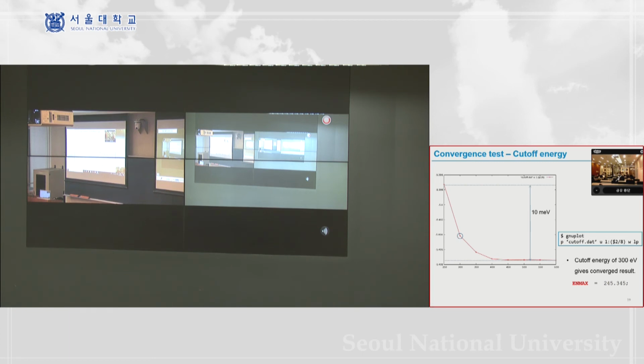So we can use 300 electron volt as a cutoff energy. We don't need to use 600 electron volt, but we can use a much smaller cutoff energy and be accurate enough. So here we can say that a cutoff energy of 300 electron volt gives converged results.